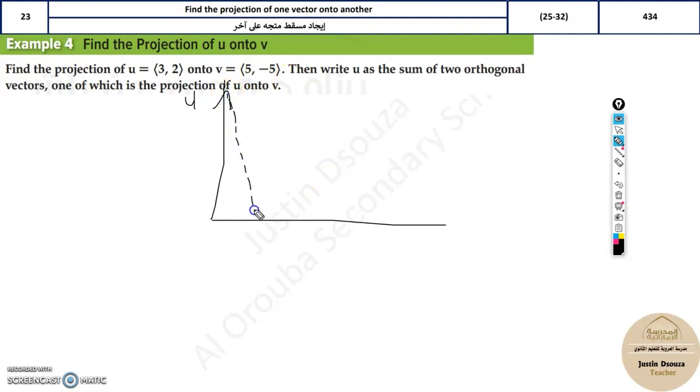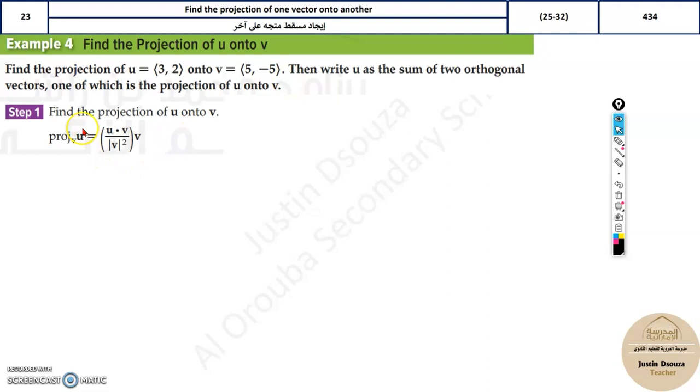Imagine this is the shadow and this is the projected vector. It's just for understanding, you can remember it's like a shadow. This is vector v. Now the formula varies depending on what is projected onto what. The formula is very simple. This is the projection of vector u onto v.